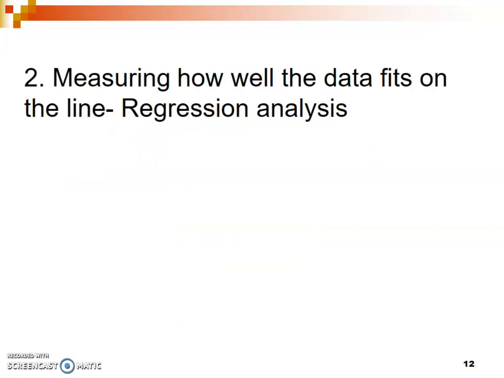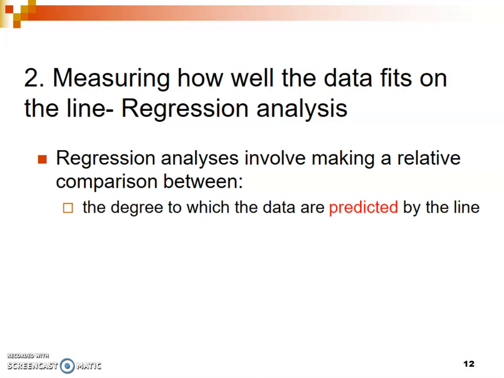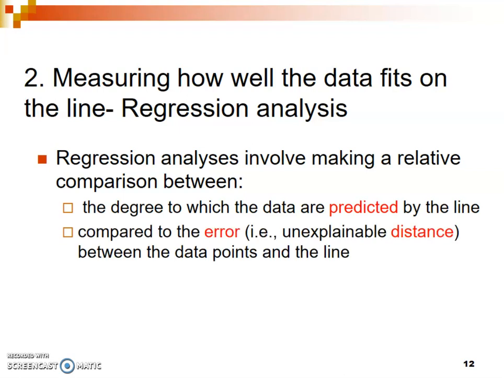Before we do that, though, let's talk a little bit more about what the regression analysis actually examines. Essentially, our regression is going to make a comparison between the degree to which our data are being predicted by that line, which you could think about like the correlation, the degree to which our data are actually forming a straight line, and the error, or the unexplainable difference between our data points and the line.